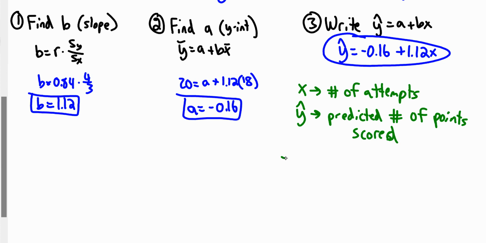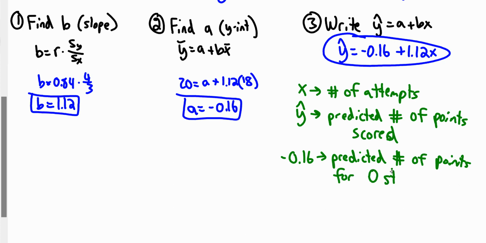We've got that negative 0.16. That is our y-intercept. So that is the predicted number of points for 0 shot attempts.